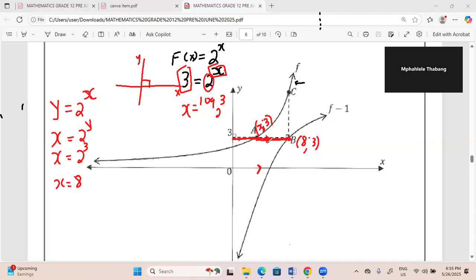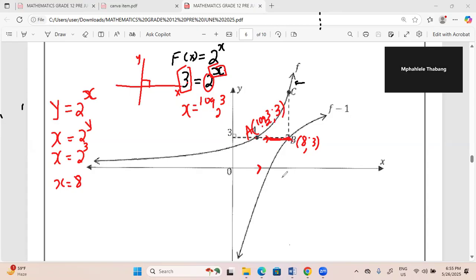The coordinates of A, remember the x coordinate there is log 3 base 2. So let me write the coordinates of A: log 3 base 2 and 3.